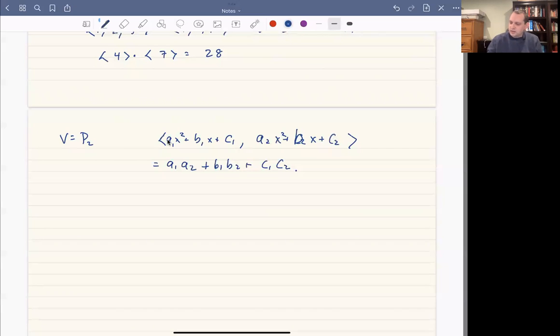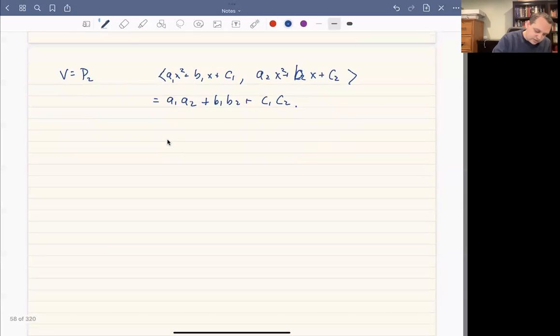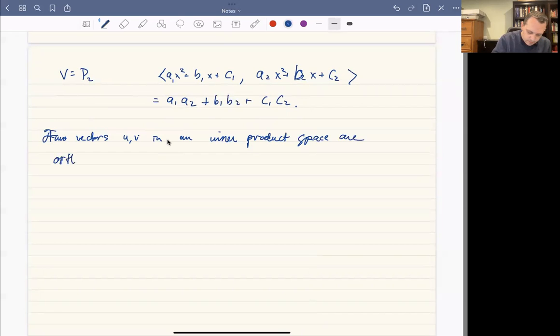If I take two vectors, let's say u and v, in an inner product space, they're going to be said to be orthogonal if and only if the inner product is 0.